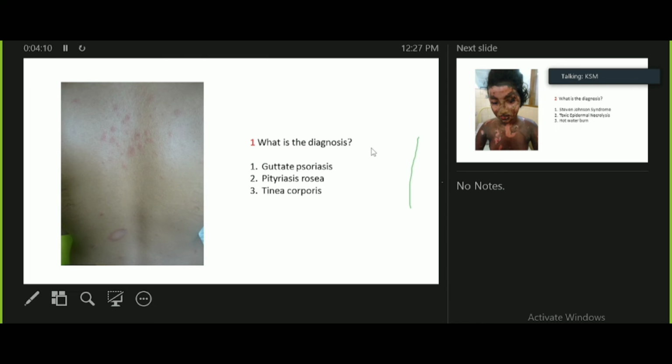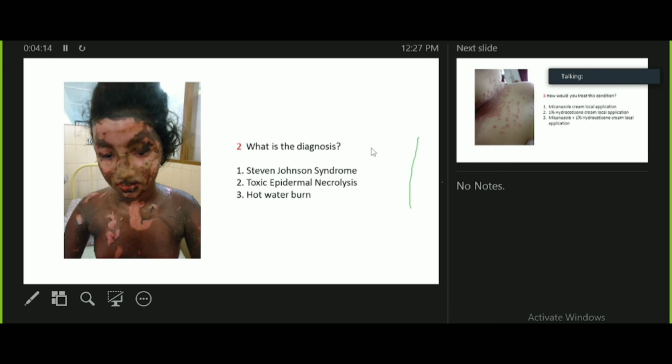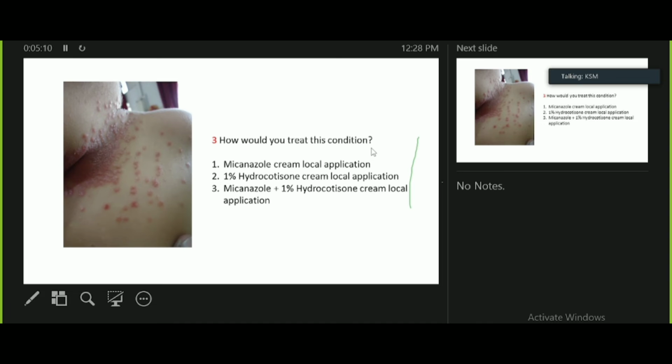Number one, what is the diagnosis? Number two, again, what's the diagnosis? Number 3, how would you treat this condition?